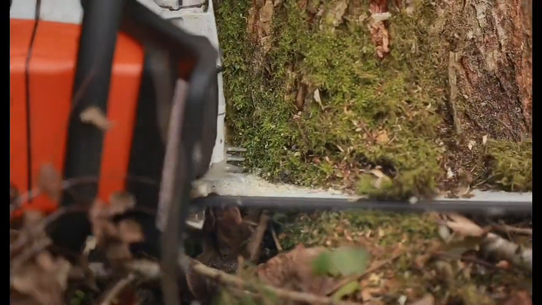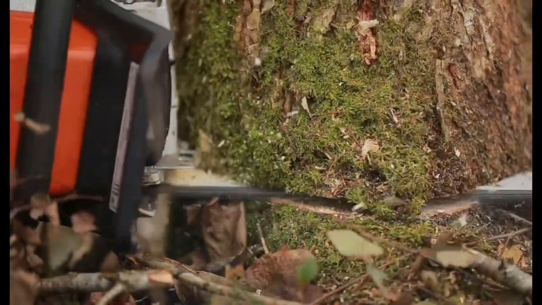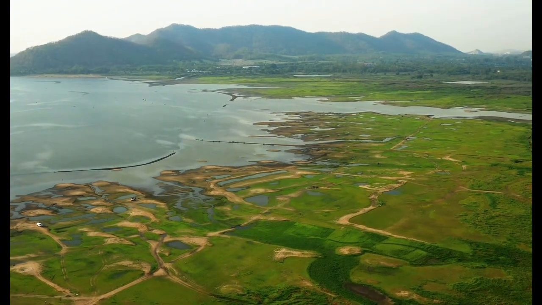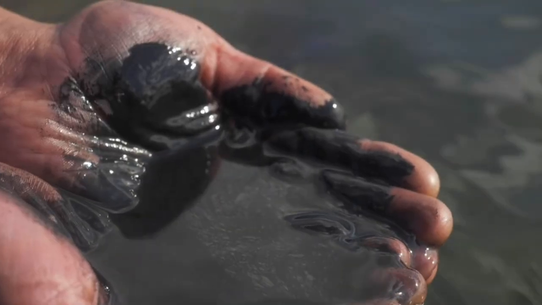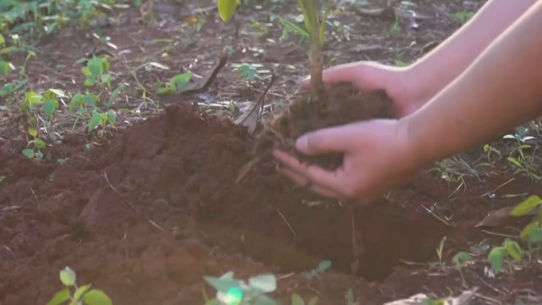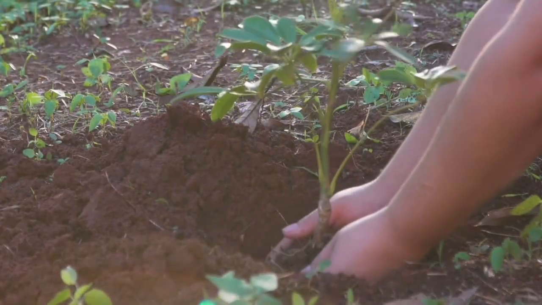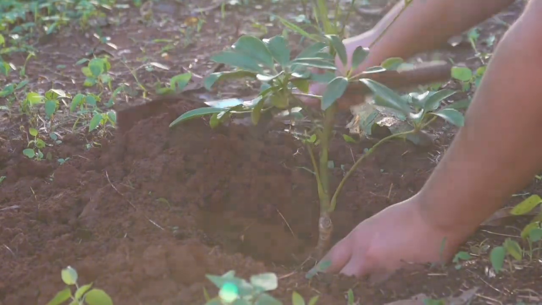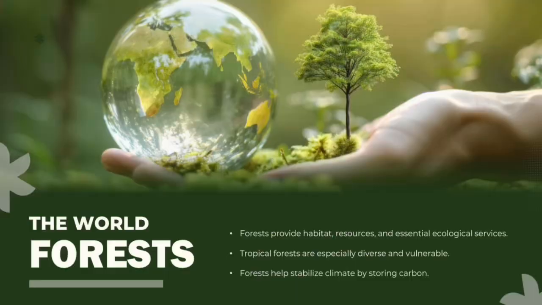Once they are cleared or damaged, the rich soil and special plants disappear quickly and become hard to bring back. This is why we need to be extra careful with them, because losing them would mean losing many special living things forever.